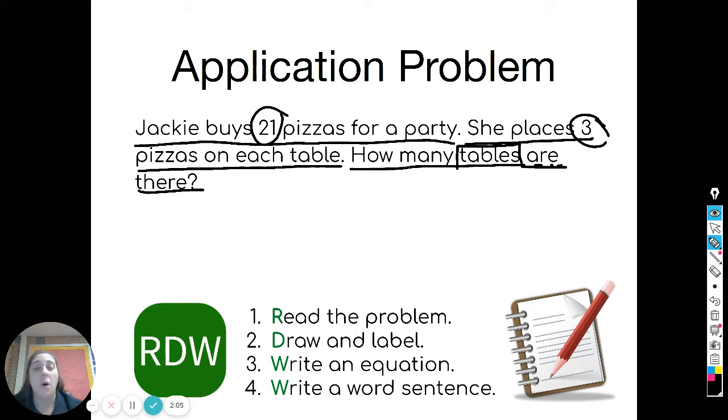I'm going to pause because this is the first time we're trying this, okay? I'm not sure how long it's going to take us, so I'm just going to pause here. When you think you have your answer, I want you to message me your answer in the GoGuardian chat, okay? So I can get an idea of who's done. All right, go ahead and solve.